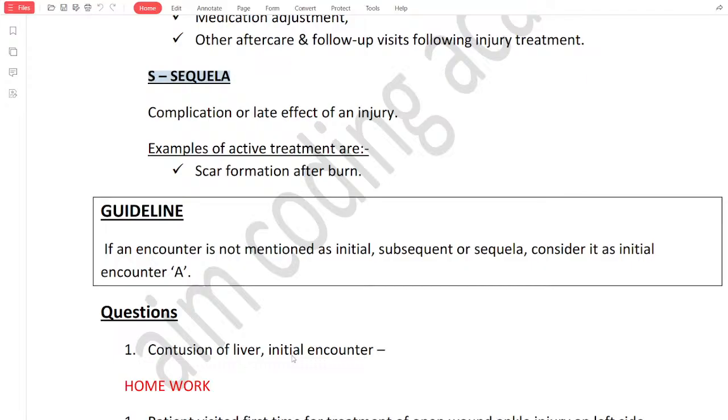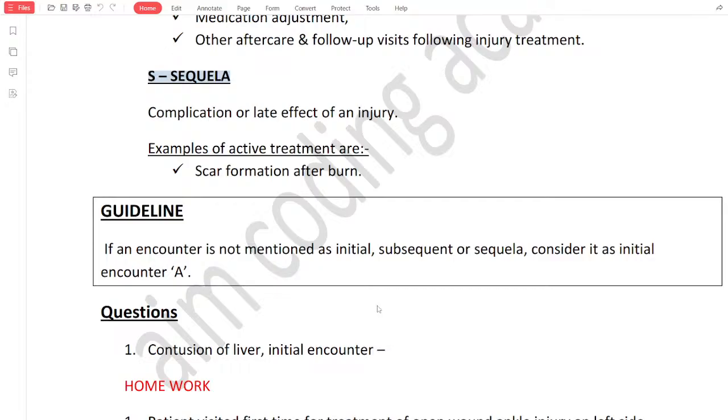Clear? And there is a homework for you. I will explain the homework. The patient visited for the first time for treatment of open wound, ankle injury, left side.